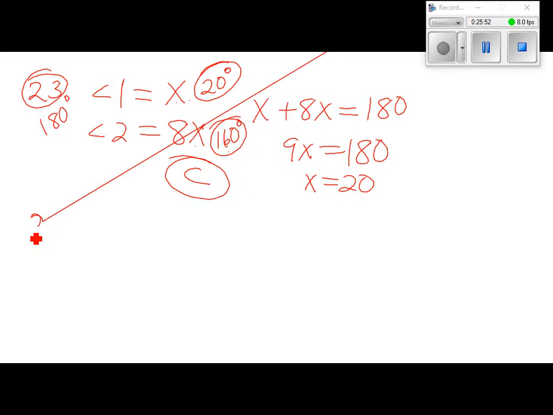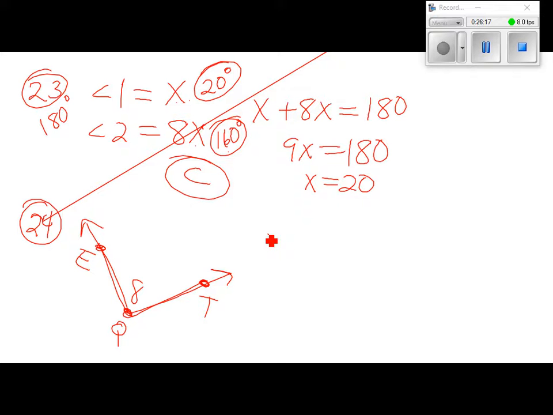24. They give you a picture, it looks like this, and this is point E, Q, 8, and T, and then they say which are possible names for it, and we got T, Q, E. Well, that works, so A works.